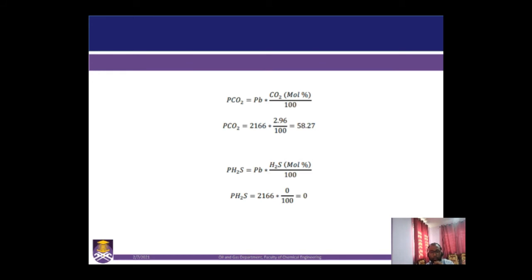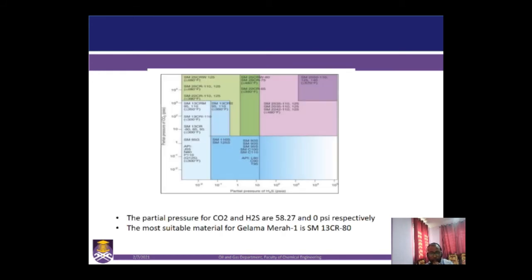H2S is 0 and we get the H2S partial pressure is 0. So based on the Sumitomo chart, we can say the most suitable material for Gelama Merah is SM13CR-80 for the material selection.